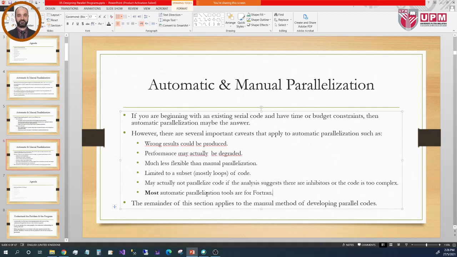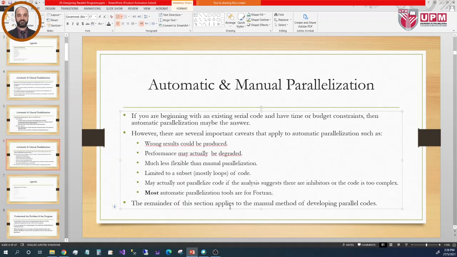Most programmers tend to parallelize their programs manually, especially programs designed for heavy and industrial work. So they must be carefully designed and carefully parallelized.